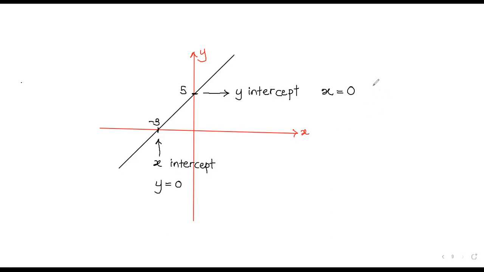The coordinate of the y-intercept is (0, 5), and the coordinate of the x-intercept is (-3, 0), because at the x-intercept the y value is 0. First we write the x value, then the y value.